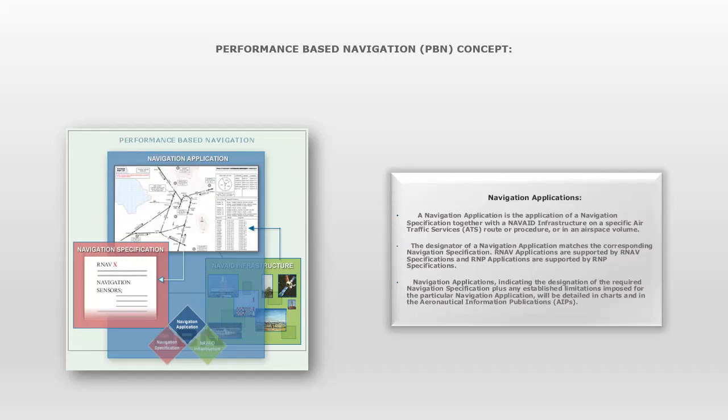RNAV applications are supported by RNAV specifications and RNP applications are supported by RNP specifications. Navigation applications, indicating the designation of the required navigation specification plus any established limitations imposed for the particular navigation application, will be detailed in charts and in the Aeronautical Information Publications, AIPs.